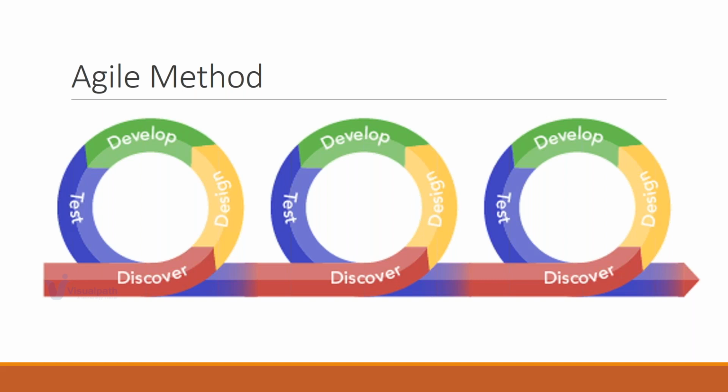So here, if you observe, 100% utilization of a resource will be possible. In waterfall, it's not possible, but here it's possible. I'll tell you how. Let's assume a testing guy. He has to wait until the first sprint starts. Once the sprint has started, this guy will be working on the first sprint.